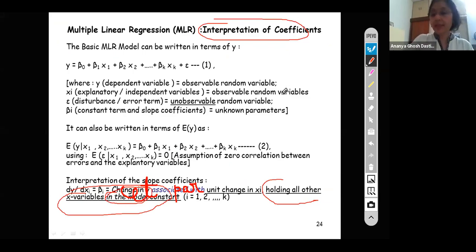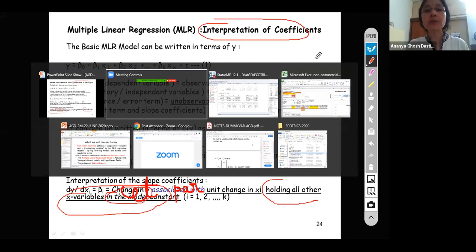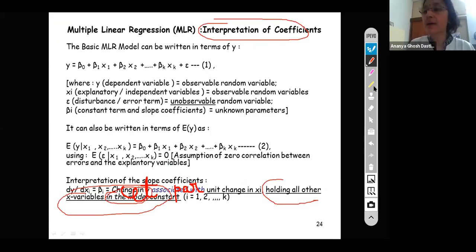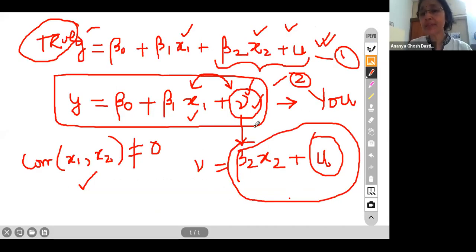Then you can say that, controlling for all these other X's, you can say what is the effect of X on Y. So I hope that this answers the question. What is a huge advantage of multiple regression over simple regression? Simple regression has no controls.